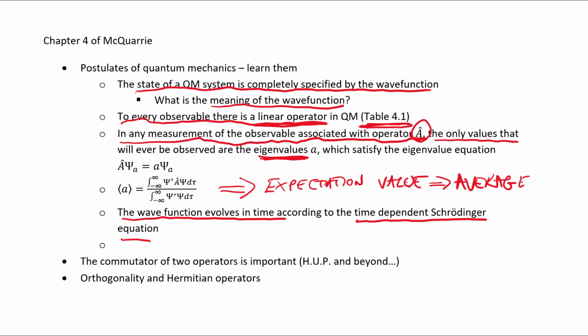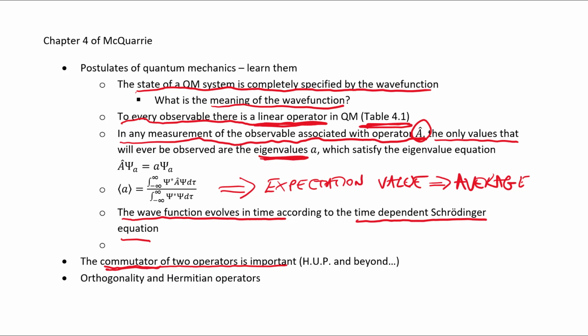We also recognize the importance of the commutator. If the commutator of two operators is non-zero, the Heisenberg uncertainty principle means we can't know the values of the observables pertaining to each of those operators at the same time.